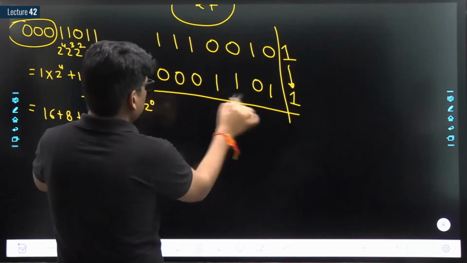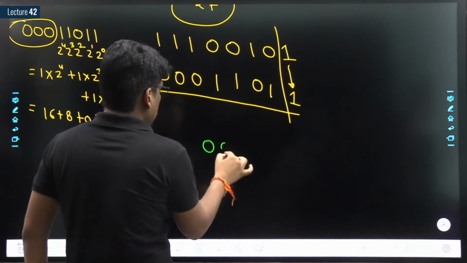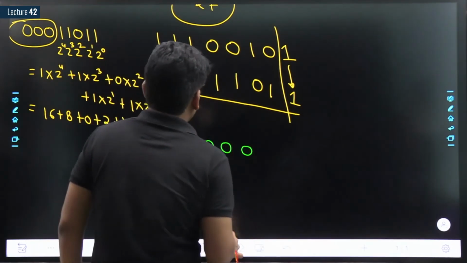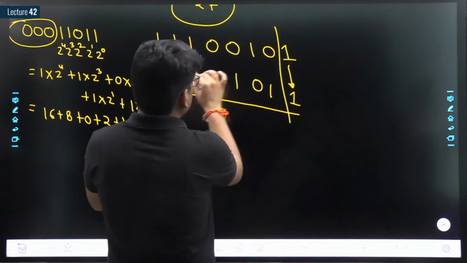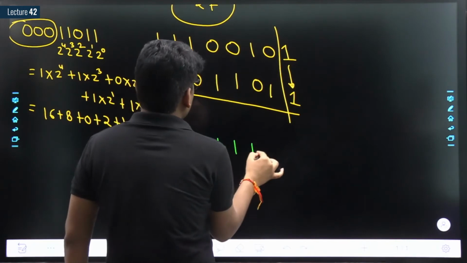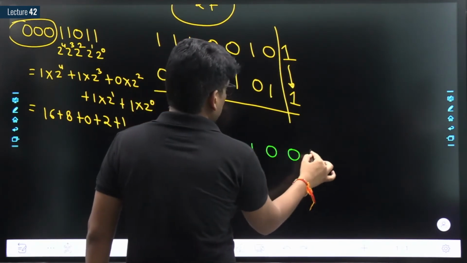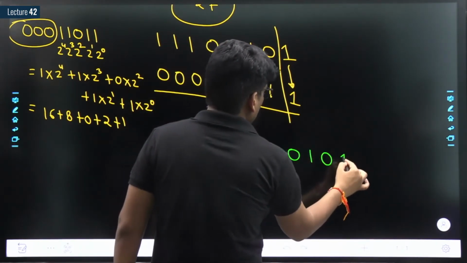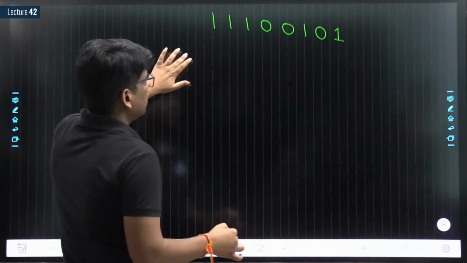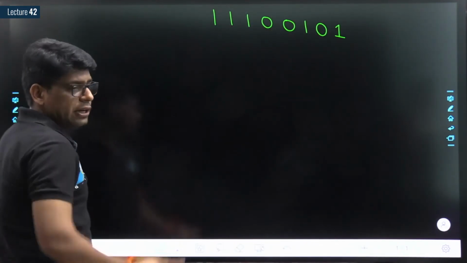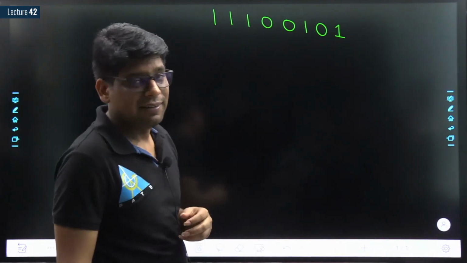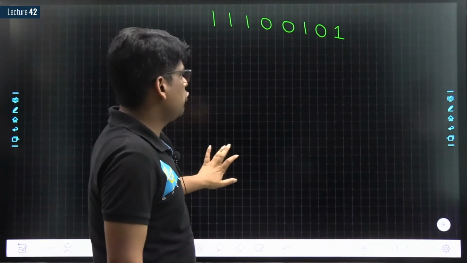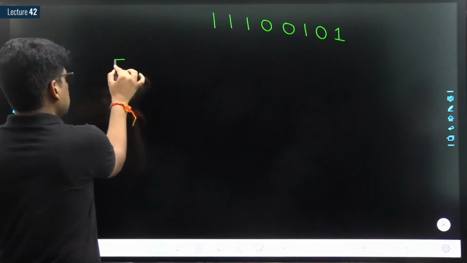Let's try to find out the value of this number: 11100101. Sir, this number is written in 2's complement form. Can we find the value directly? Yes, of course. Just focus on zeros.